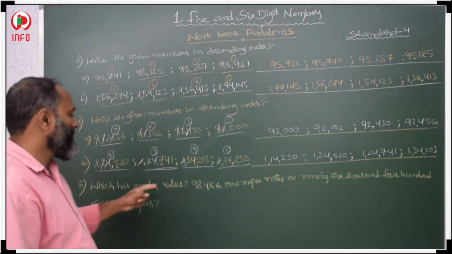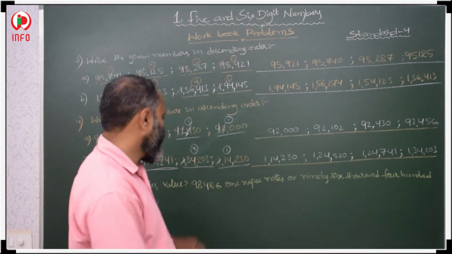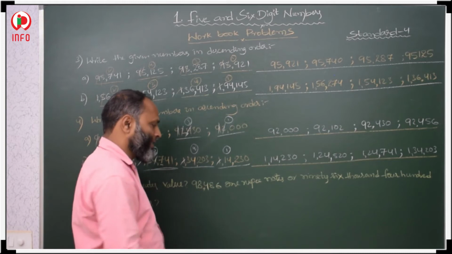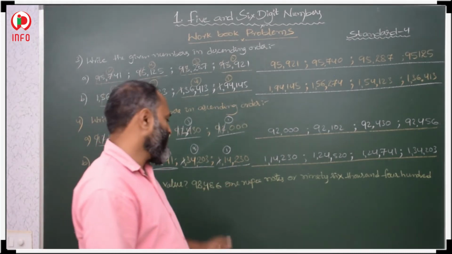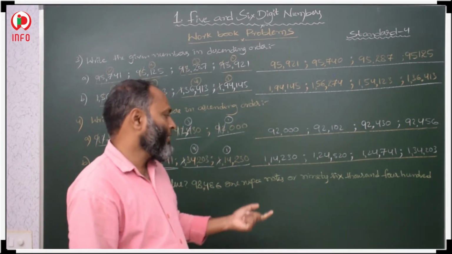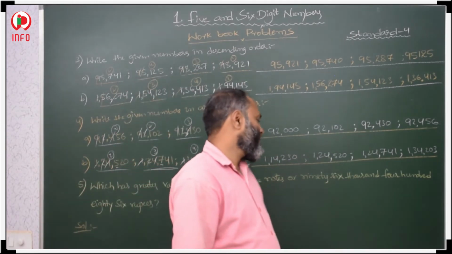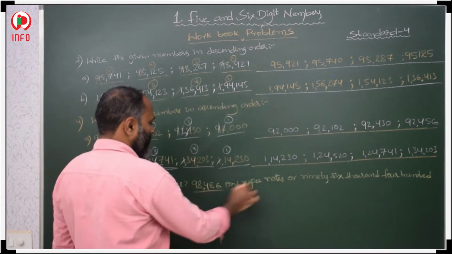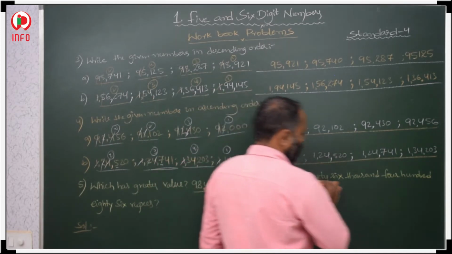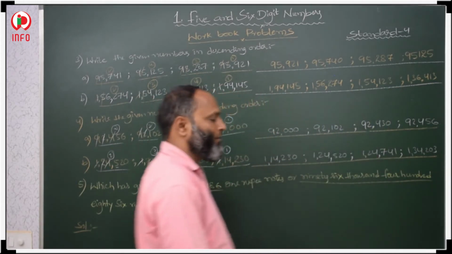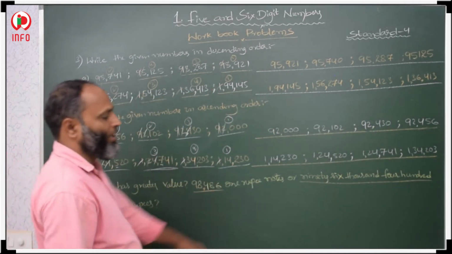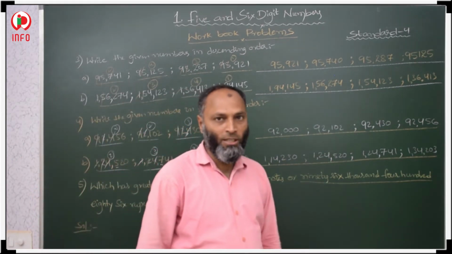Now here, which has a greater value? 98,486 1 rupee notes. It means 98,486 or 96,401 is in numeral, the other one is given in words. So first we have to convert the given words into numeral.